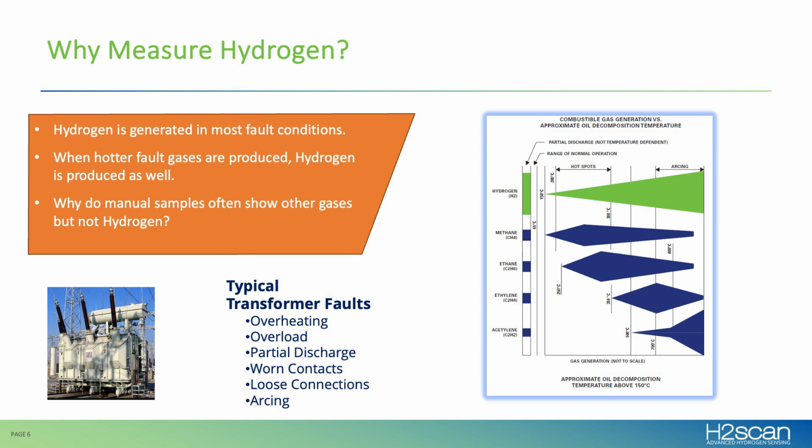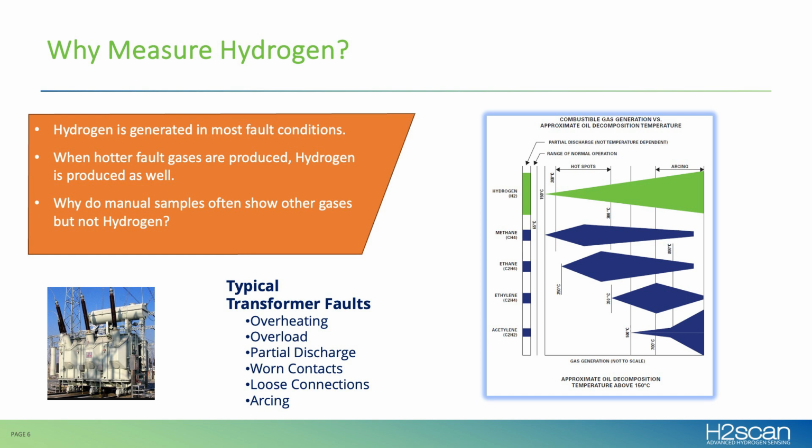But typically utilities and people that are monitoring their transformers, whether a multi-gas monitor goes into alarm or a hydrogen monitor goes into alarm, indicating that you have increased gassing, you do the same thing. You go out and you take a manual oil sample to confirm what's going on with your transformer. And so when your gas levels increase, it means that there is some active fault in the transformer.